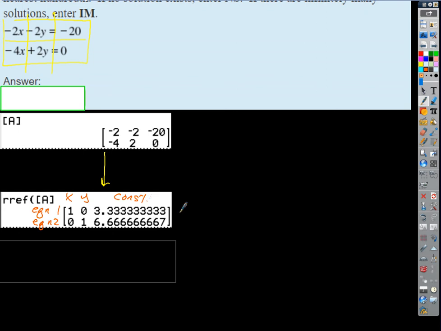What's 0 times y? 0. So 1x plus 0y equals 3.3 repeating is really just saying x equals 3.3 repeating, right? Okay, what's the bottom one telling me then? y equals 6.6 repeating, right?